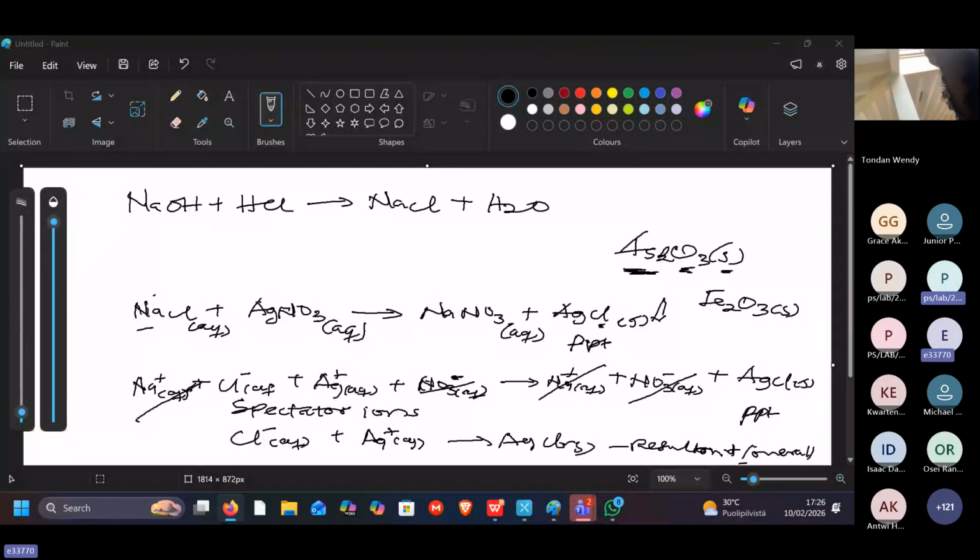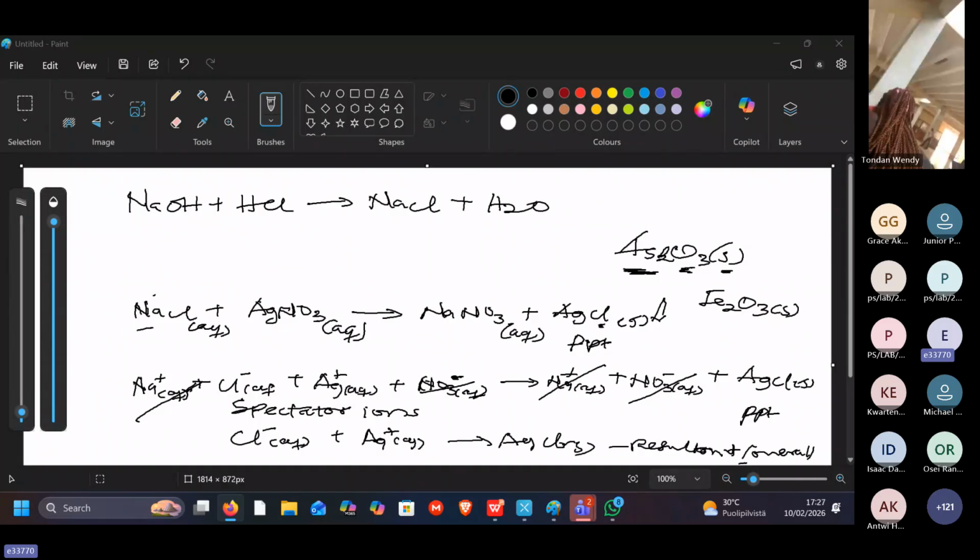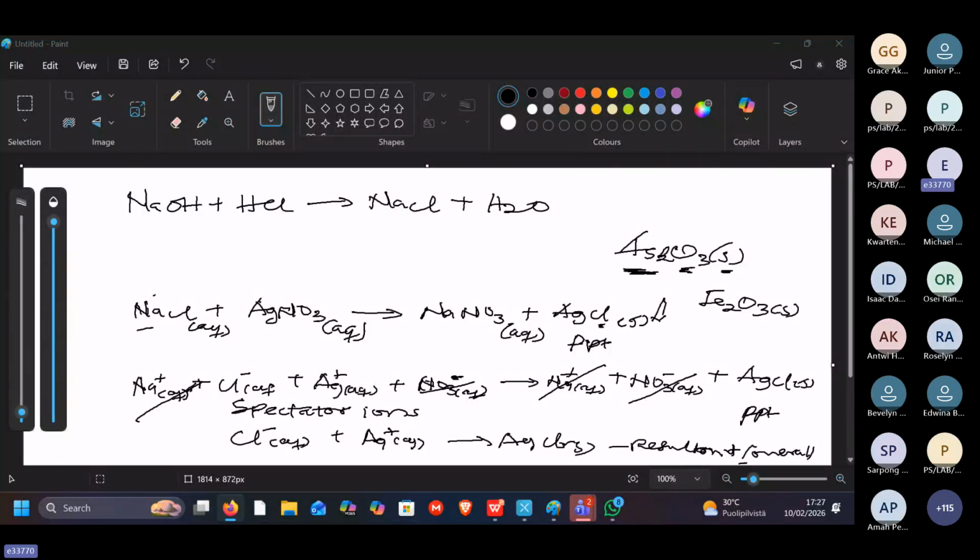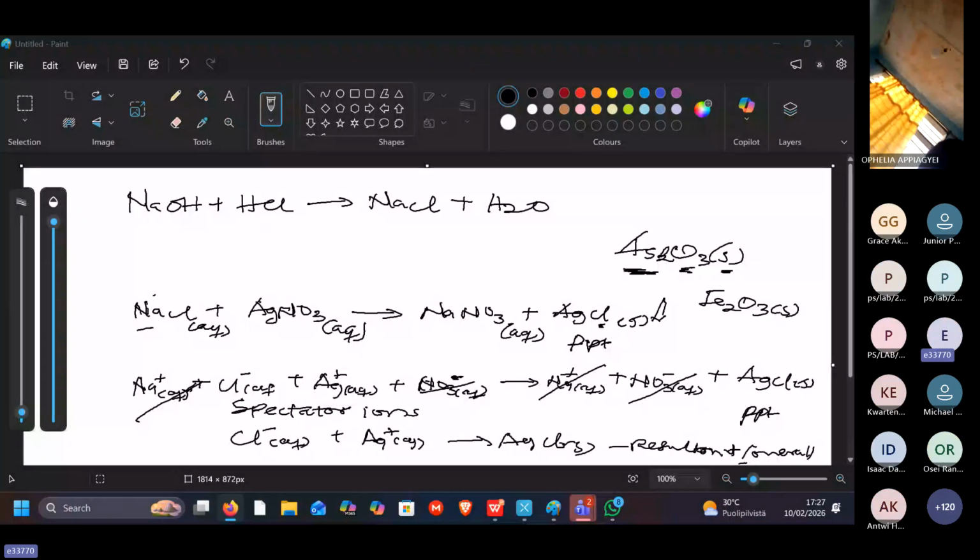Now, I'm sure we understand what a metalloid is. It can behave like a non-metal, it can behave like a metal. And arsenic behaves more like a metal, so we treat it like a heavy metal. If it gets into water, we call it a metal. Depending on the compound it forms, it becomes either a non-metal or a metal.